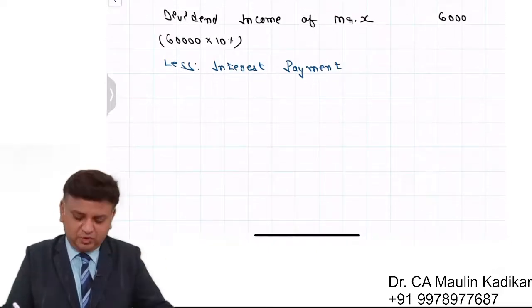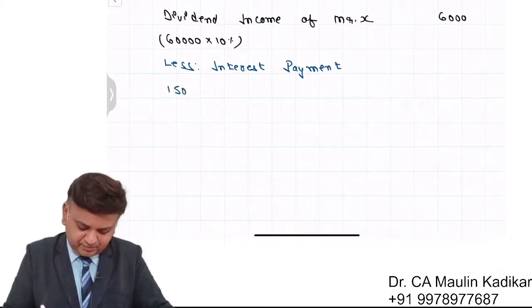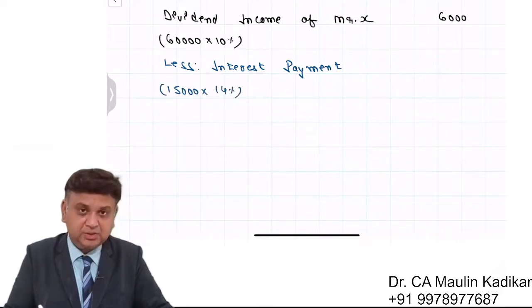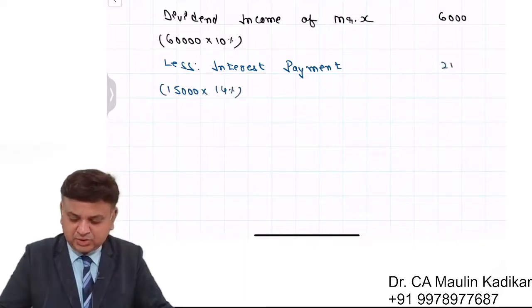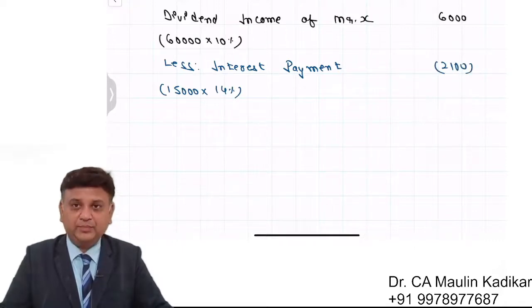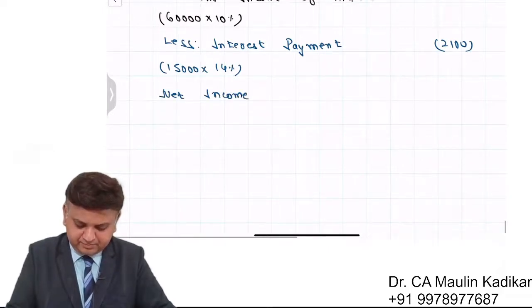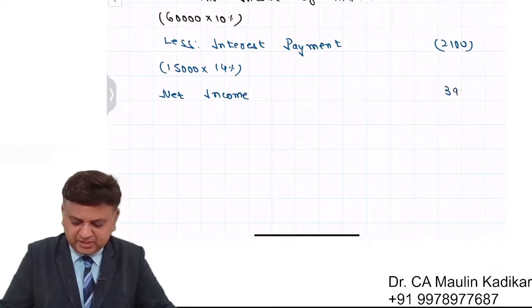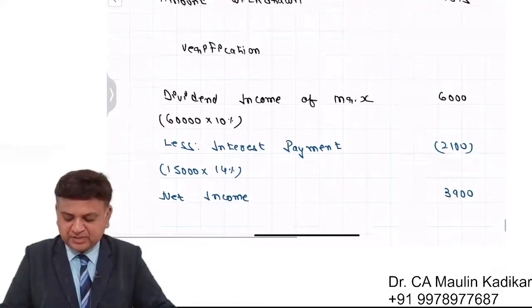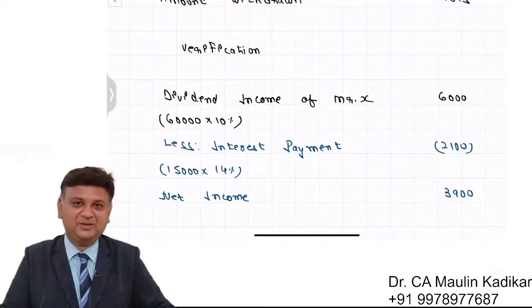What is the amount borrowed? 15,000. What is the rate of interest? 14%. So it comes to 2,100. So 2,100 is deducted from 6,000, and the difference of both of them is net income. It is 3,900.